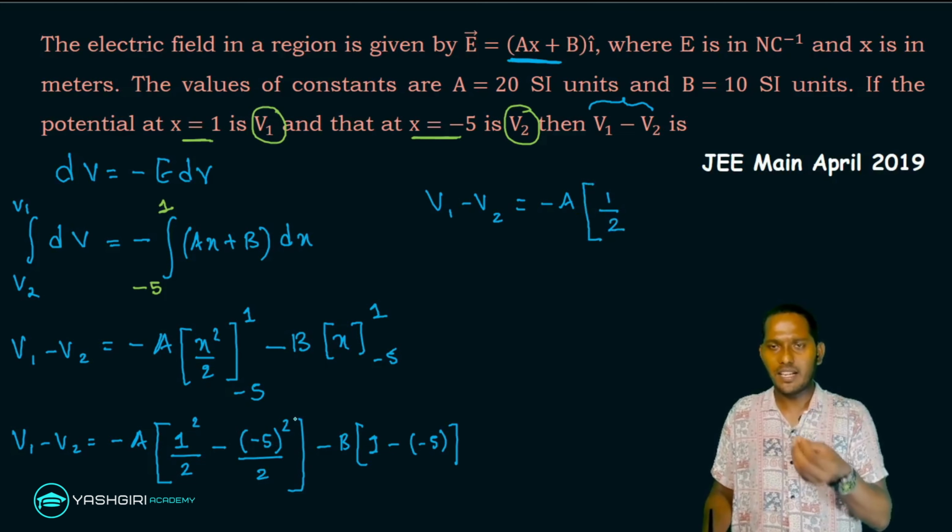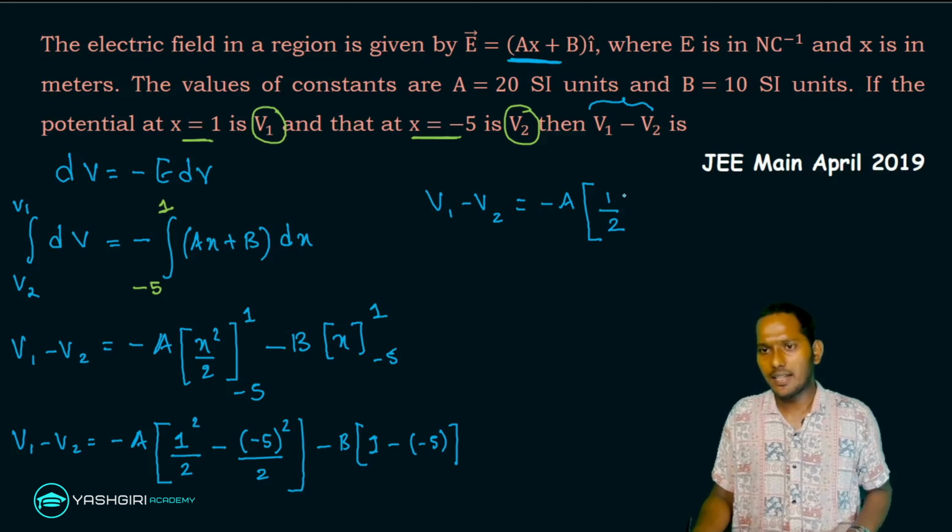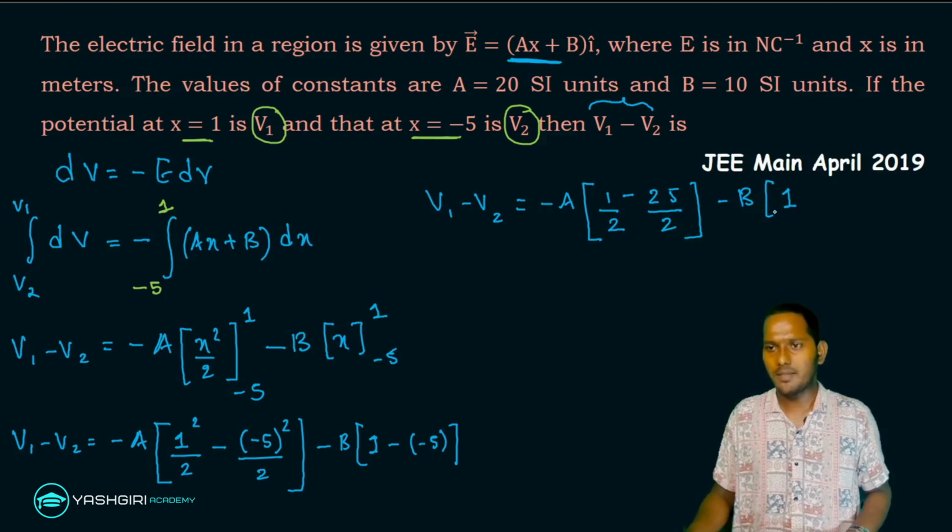And if you just see minus 5 the whole square, that will give me a positive 25. So it is going to be 1 minus 25 by 2. That is what I'm having here. Minus B, and here it is going to be 1 minus into minus positive. So that will become positive 5.